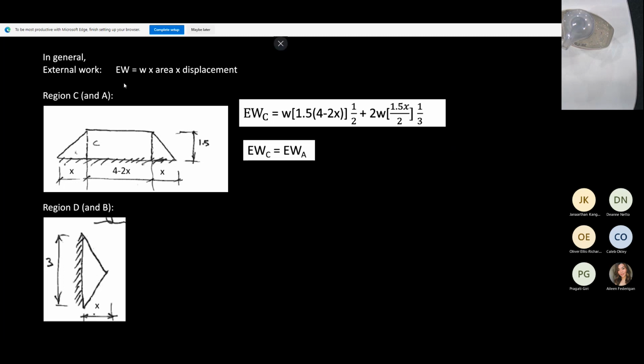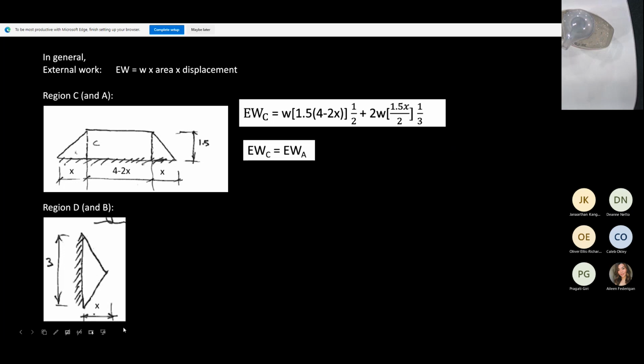Okay. So we use the definition again. So it will be W. What's the area of the triangle? You have a triangle here. What's the area?